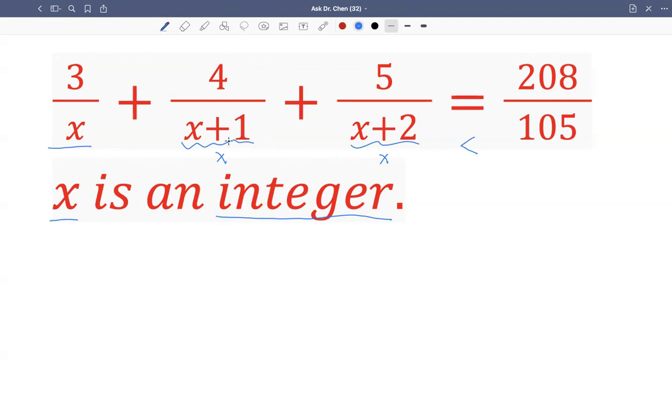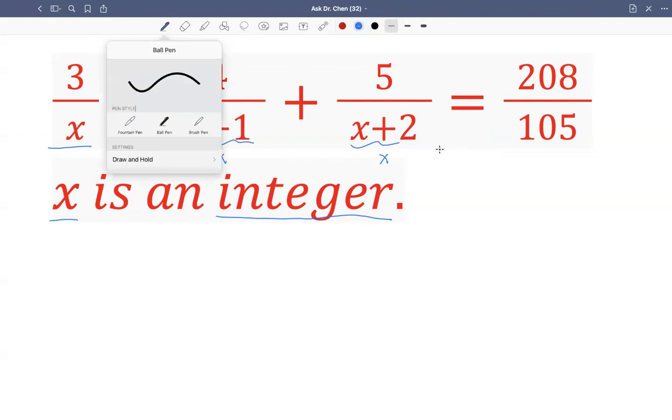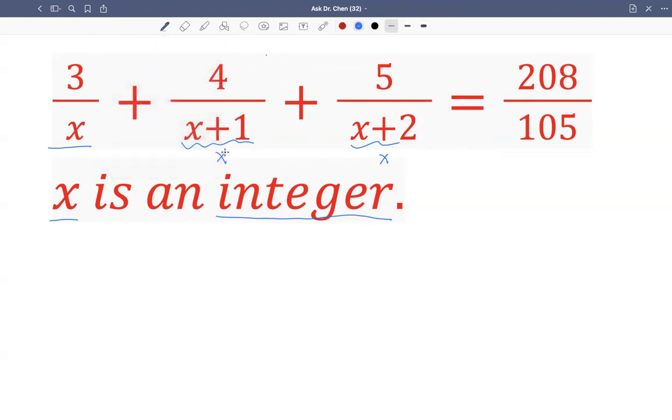So 4 over x is bigger than 4 over x plus 1. No, I made the wrong sign. If we do it the other way around, because the denominator now is smaller, 4 over x is bigger than 4 over x plus 1.